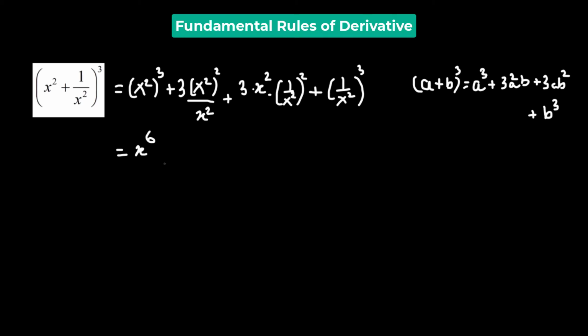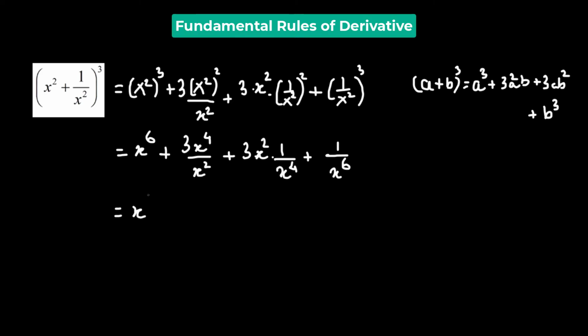The 2 times 3 is 6. Plus 3 times x raised to the power of 4 divided by x squared, plus 3 times x squared multiplied by (1 over x squared) whole squared, which will be x raised to the power of 4, plus (x to the power of negative 2) whole cubed, which will become x raised to the power of negative 6.